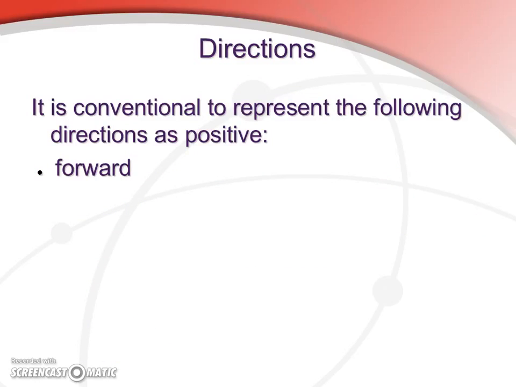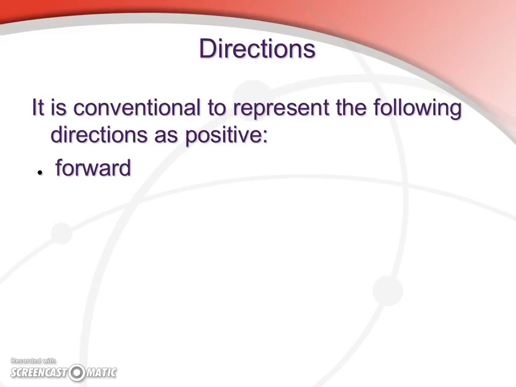And that leads us to an interesting convention, right? When we go to work with vectors in an algebraic fashion, we have to decide what direction we're going to treat as positive. Really, from a mathematical point of view, you can choose any direction you want as positive, and there may be some instances where it's useful to do so.